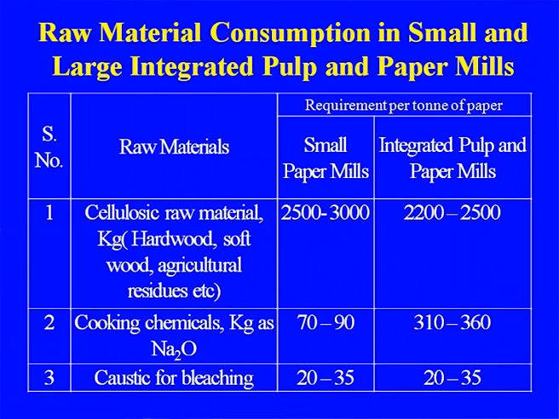With sulfidity, we are using the normal kraft pulping process in integrated pulp and paper mills. In small paper mills, we are using soda pulping. So, this is the requirement. Caustic is also used in the bleaching stage: after chlorination we add caustic, so in the caustic extraction stage we use caustic apart from the cooking.